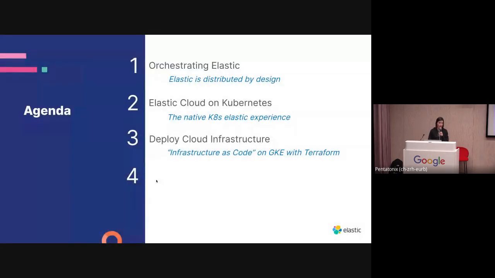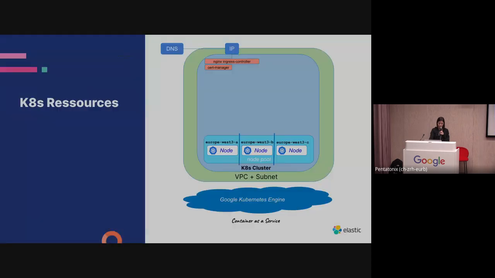So now I have a Kubernetes cluster, but let's put something on it. Let's put Elastic on it. And we do that by deploying Elastic as Kubernetes resources. So that's what we had. And we see here we have something new. Okay, it's not that important. That's just the NGINX ingress controller and cert-manager.